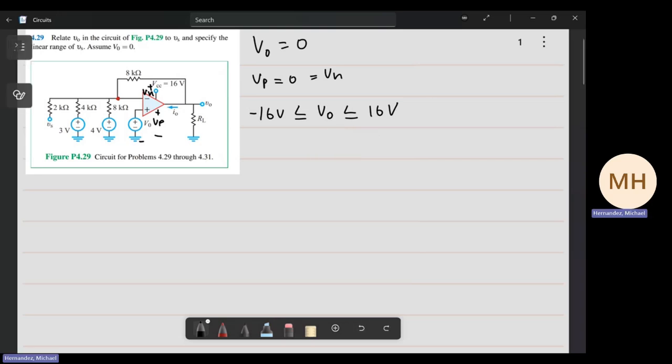And so the first step that I will do is make a node voltage method. And we can see that we have a node right here, all these terminals.